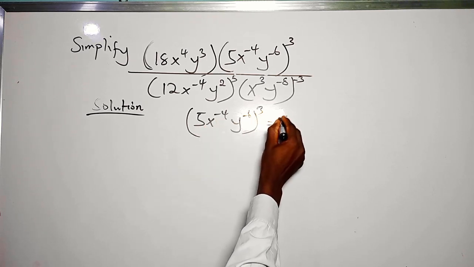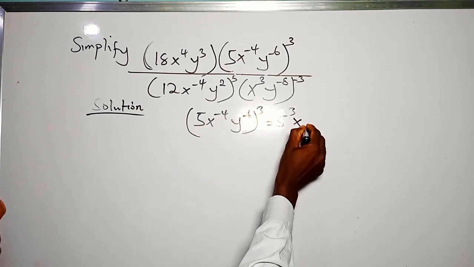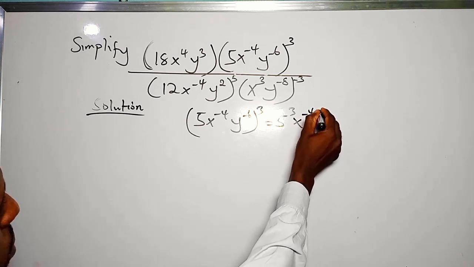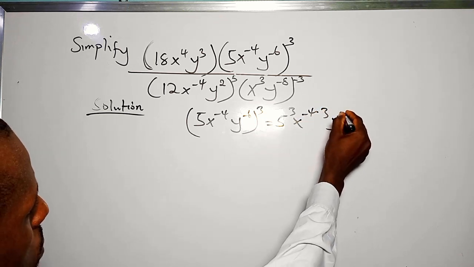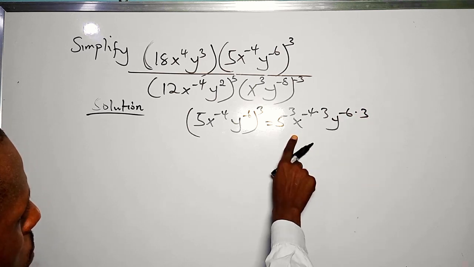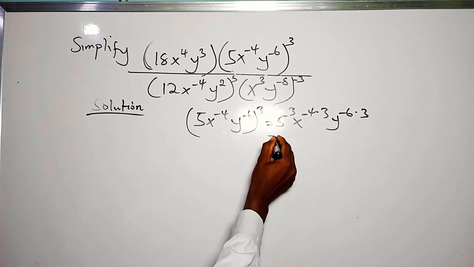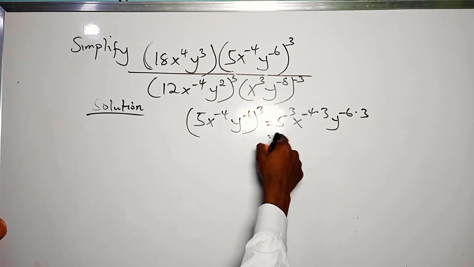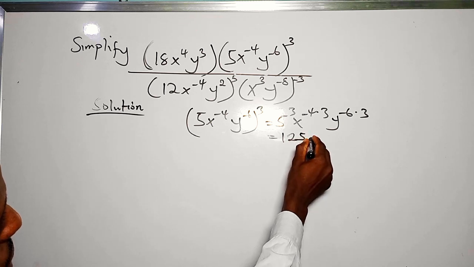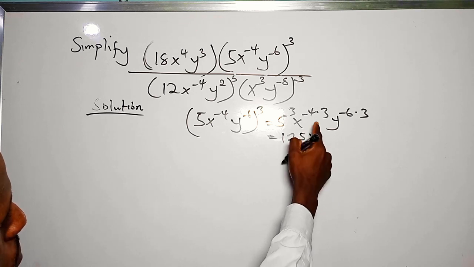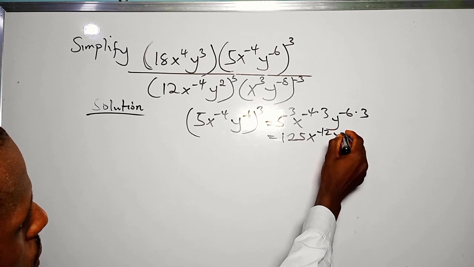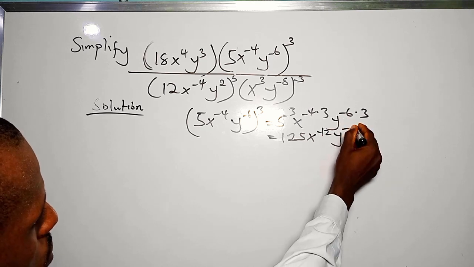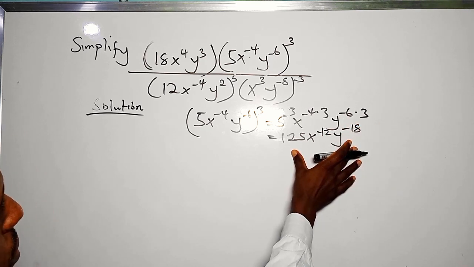We have 5^3 times x^(-4 times 3), and y^(-6 times 3), and we apply the exponent rule. So we resolve this to be 5^3 is 125, times x^-12, y^-18.